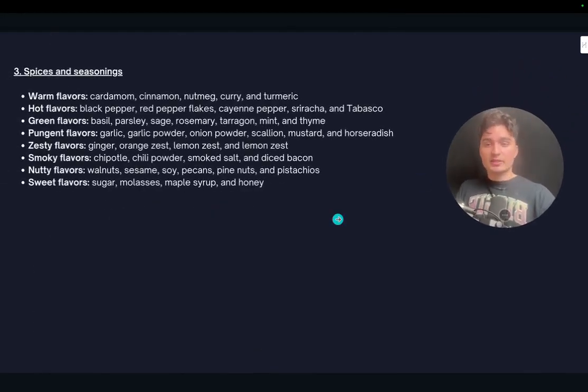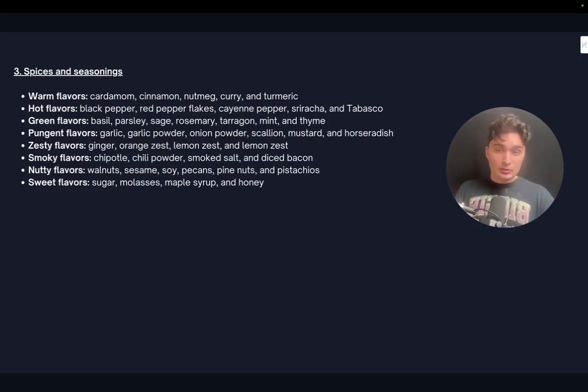Spices and seasonings, obviously. You have your cinnamons, your cardamoms, your nutmeg, curry, turmeric for hot foods. If you want a bit of spice, black pepper, red pepper, cayenne pepper, Tabasco. You want a bit of green flavor, basil, parsley, rosemary. Pungent flavors, garlic powder, depending on what you like, mustard. Zesty flavors, ginger, lemon zest.